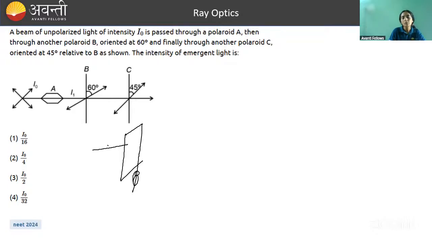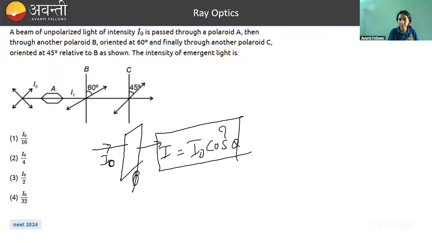If polarized light of intensity I naught is falling on the Polaroid, and the angle that this light makes with the pass axis of the Polaroid is theta, then the intensity that passes through the Polaroid, let's say I, will be equal to I naught cos square theta. So this is Malus' law, and it is applicable for polarized light.